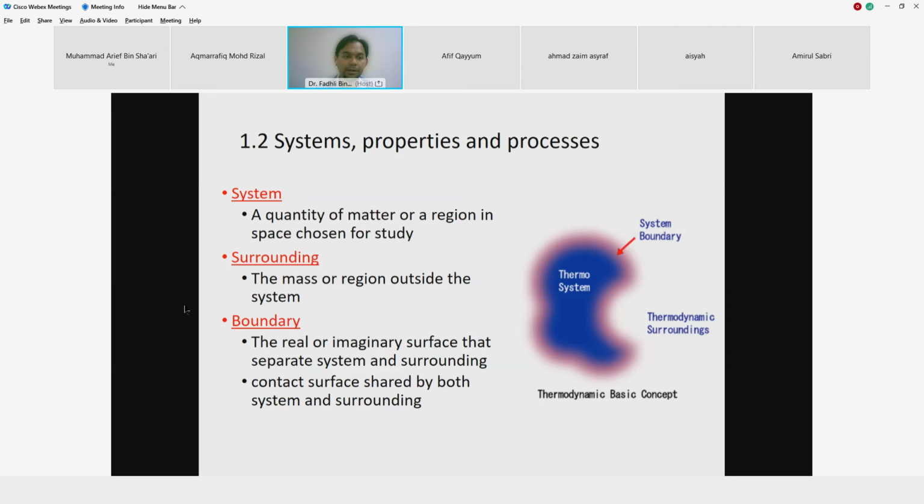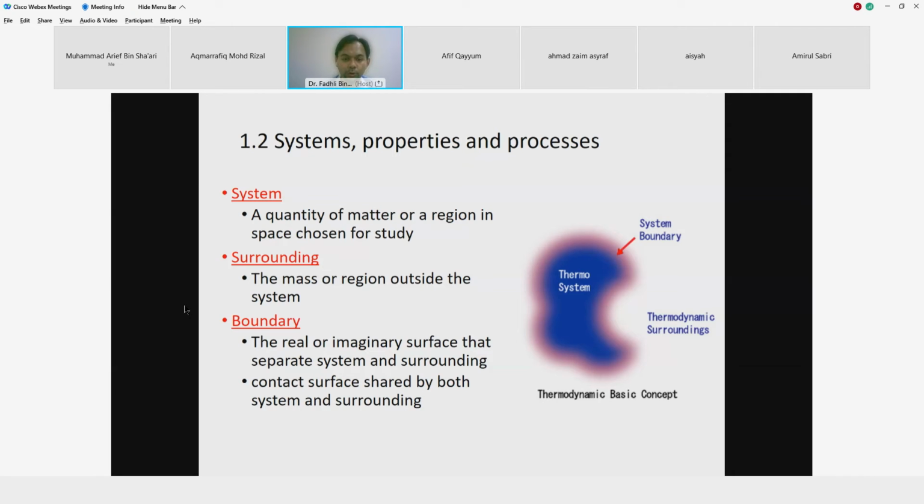If we apply all of these terms in our daily life, we have a room, right? For example, now you are sitting in your room. So they have a wall surrounding. You are surrounded by the wall.